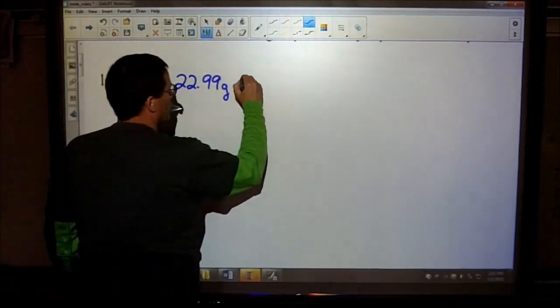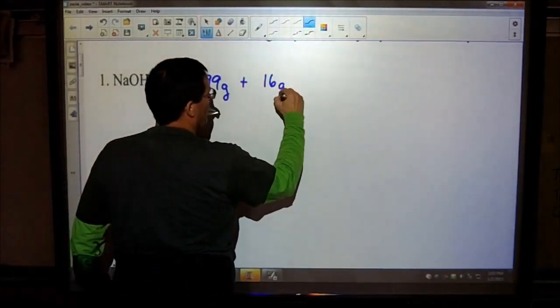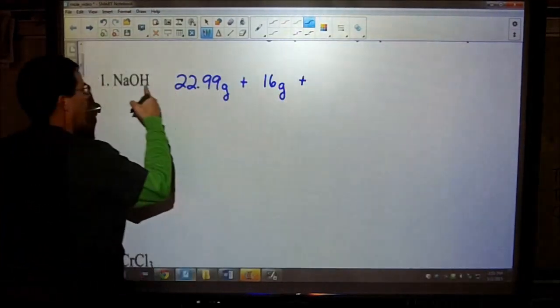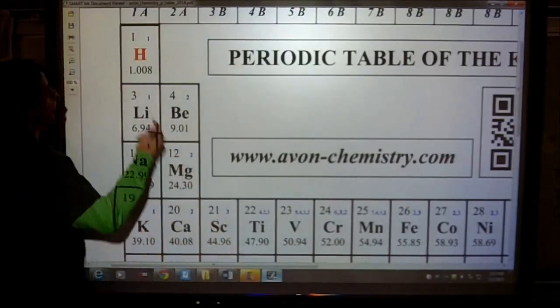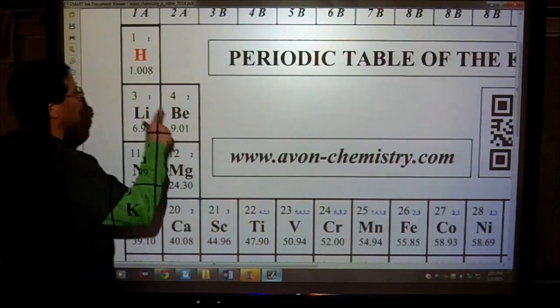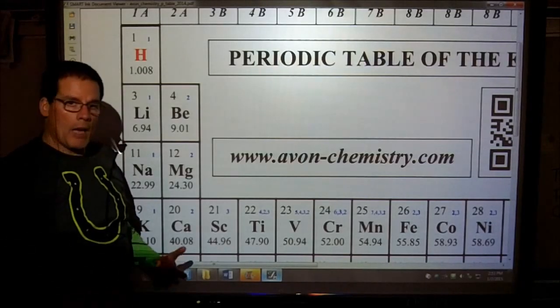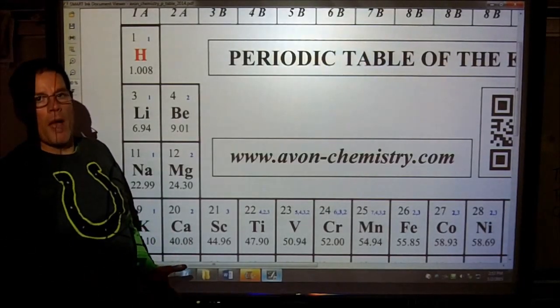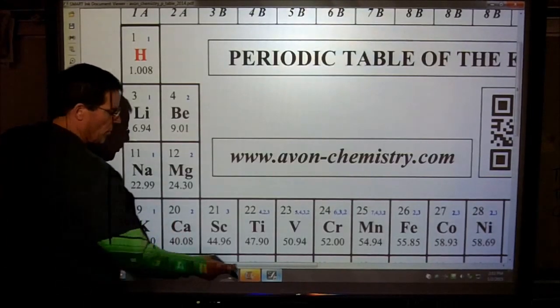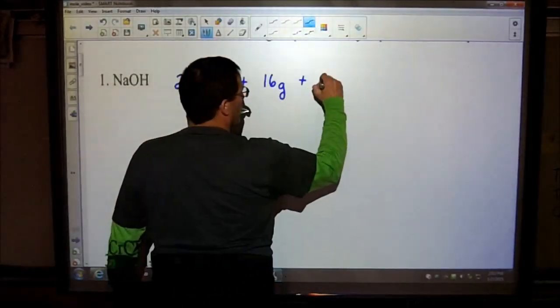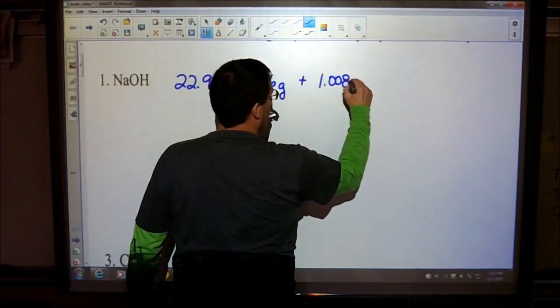We have 1 oxygen, and oxygen has a molar mass of 16 grams, and hydrogen has a molar mass of 1.008. Do use all the numbers that are on the periodic table. We won't round until the very end, and actually we will never round a molar mass because we'll typically be doing something with it. And then add that to the 1.008.